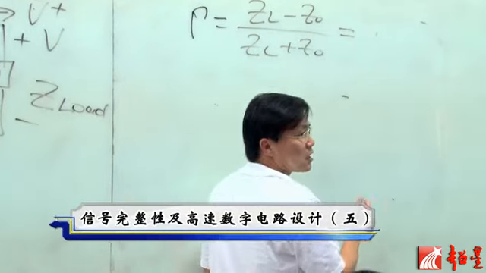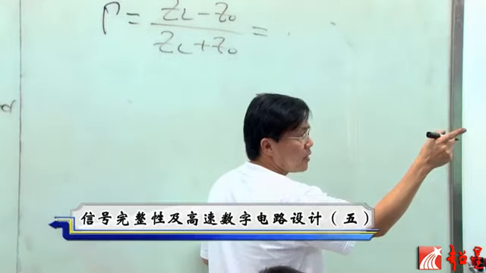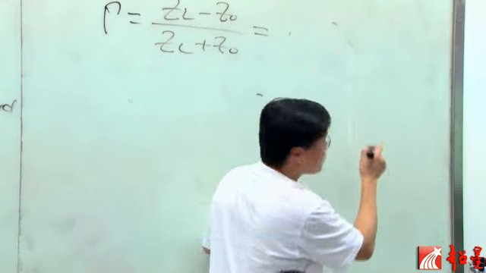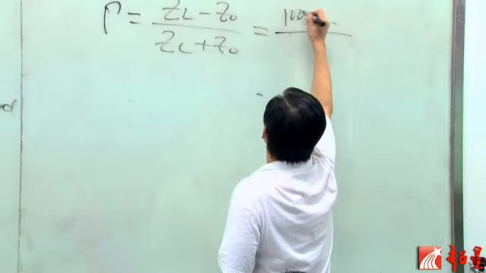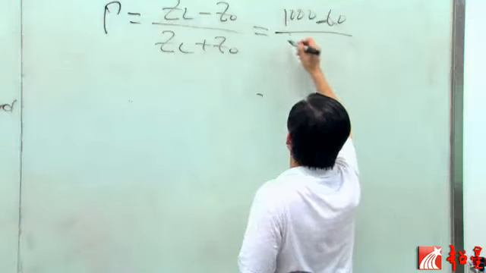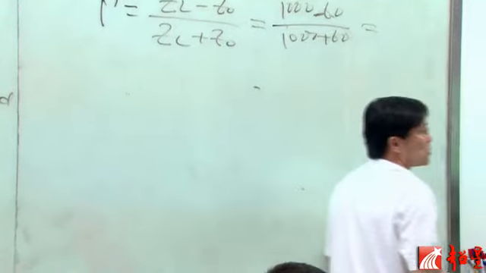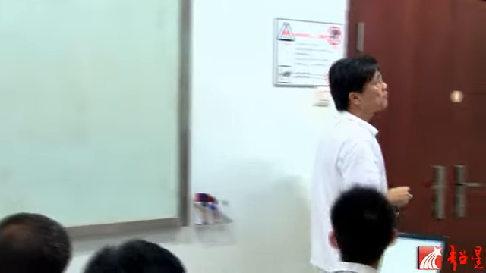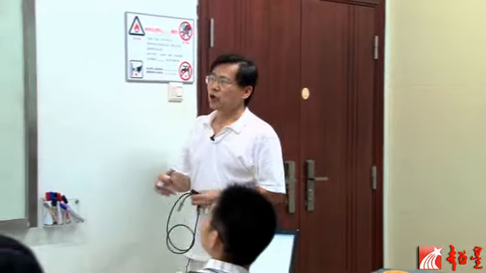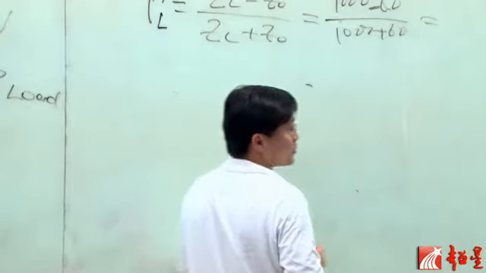In this case, the load is 1,000 ohms. The line is 60 ohms, so 1,000 plus 60 ohms. This will give you the reflection coefficient at the load. So at the load, that's the reflection coefficient.